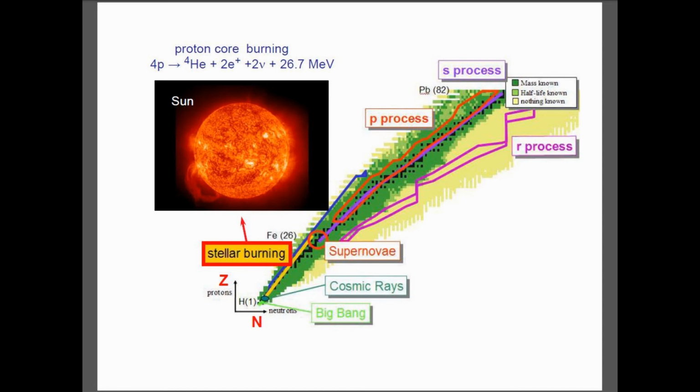In stellar burning, the nuclear fusion energy which is produced sustains the weight of the star and prevents it from collapse. So there is this energy created against the negative gravitational energy, and the star is in equilibrium.